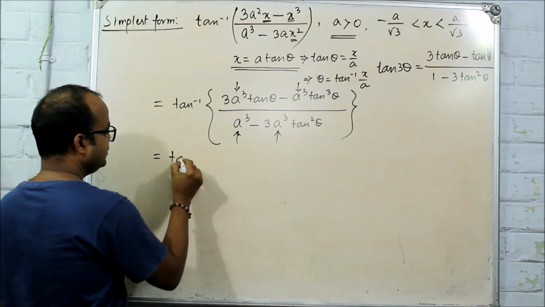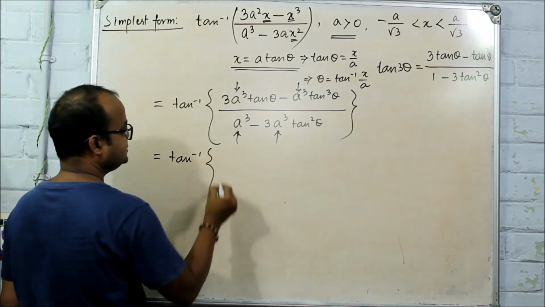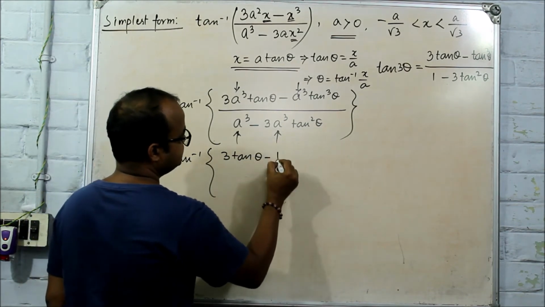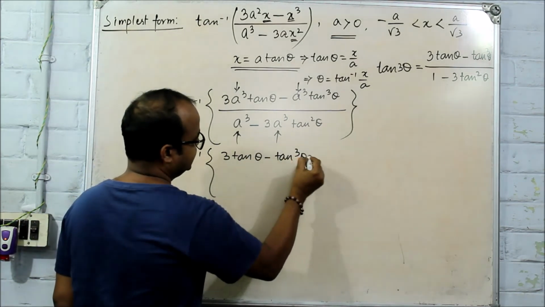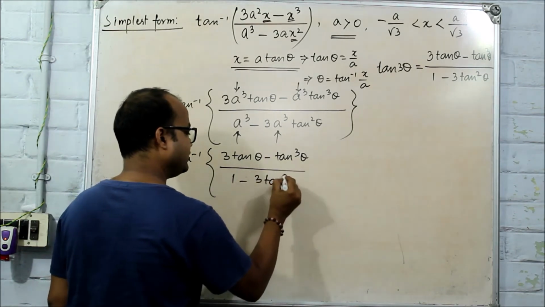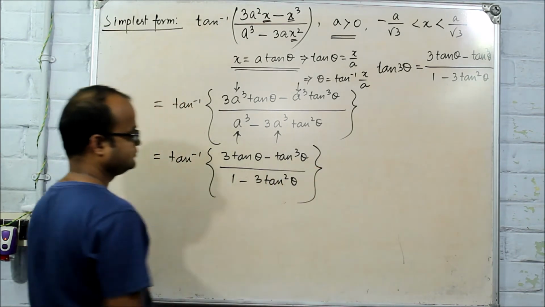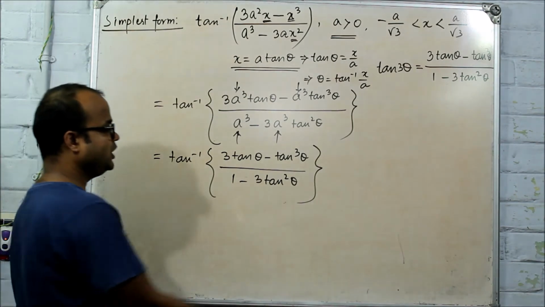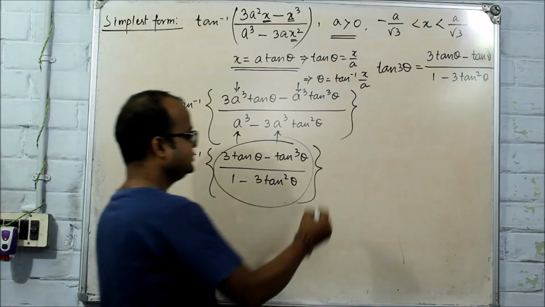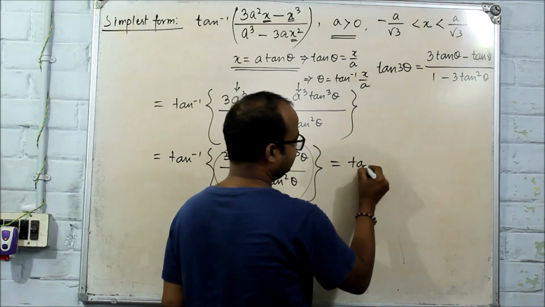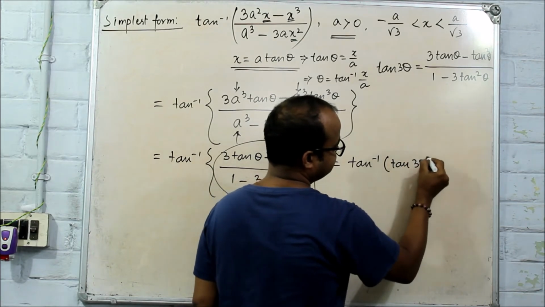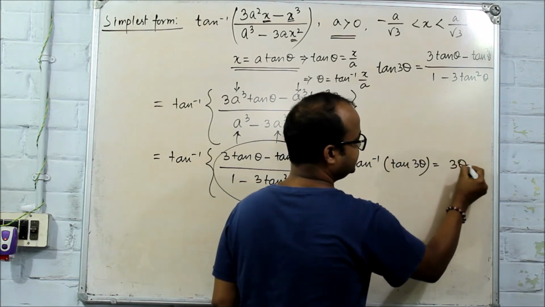So we get tan inverse of 3 tan theta minus tan cube theta by 1 minus 3 tan square theta. This is the formula of tan 3 theta. So we will get tan inverse of tan 3 theta, which is equal to 3 theta.